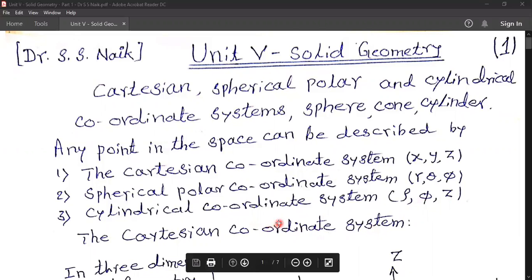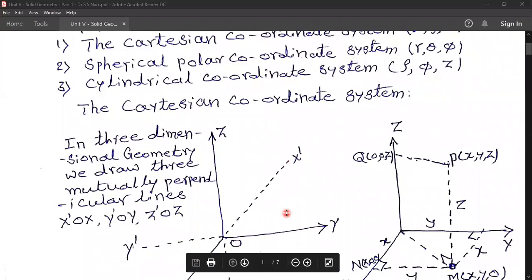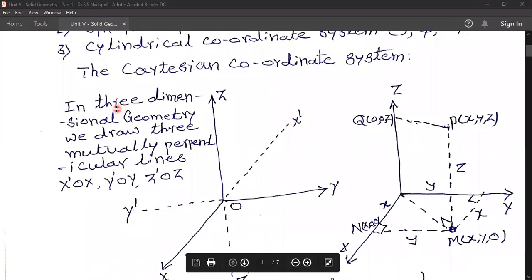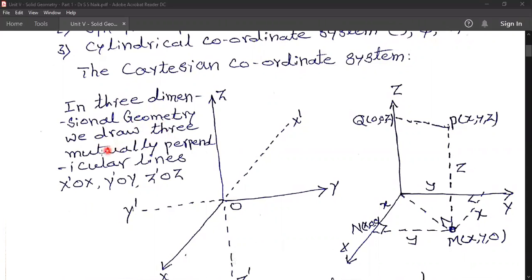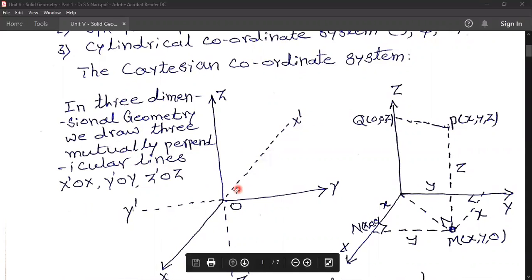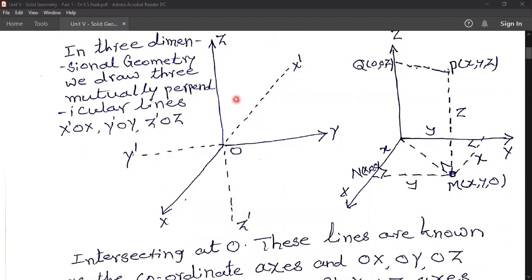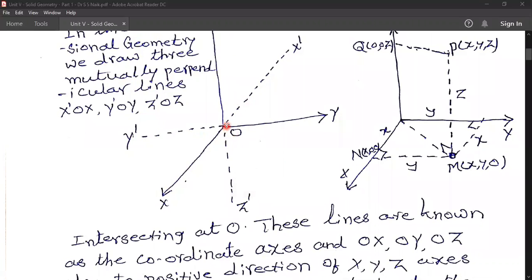The first is the Cartesian coordinate system. In three-dimensional geometry, we draw three mutually perpendicular lines, that is X'OX, Y'OY, and Z'OZ.